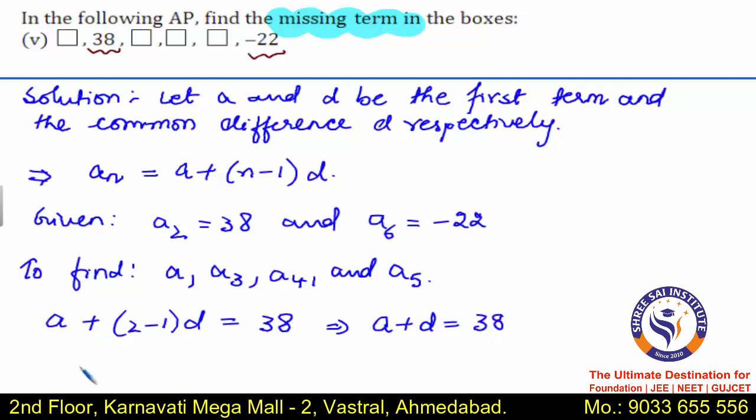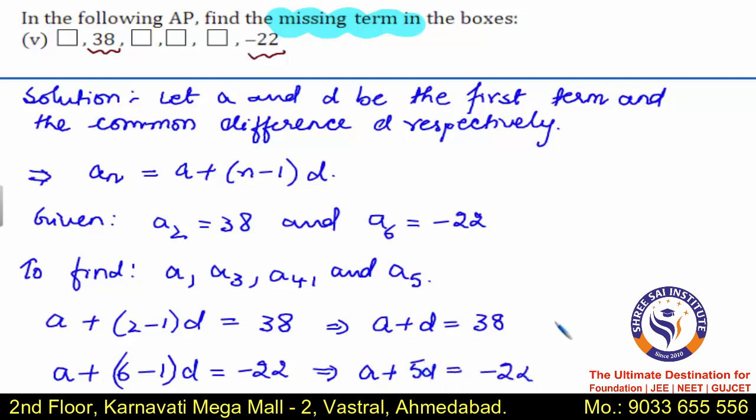And also we are given the sixth term. Sixth term is minus 22. This implies A plus 5D is equal to minus 22. Let us denote this by equation 1 and this by equation 2.